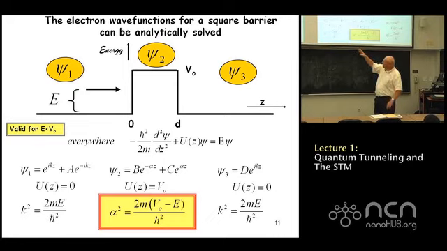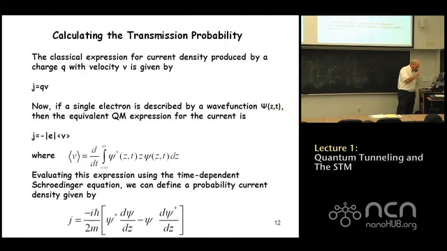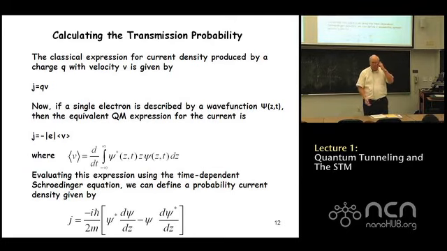You can get detailed solutions for the wave function psi. That's not part of the course. But what you can do is define a probability current, J, that flows. This is detailed background stuff. If you're into quantum mechanics, it tells you how you would define this probability current J. It involves evaluating the expectation value of the velocity of the electron.